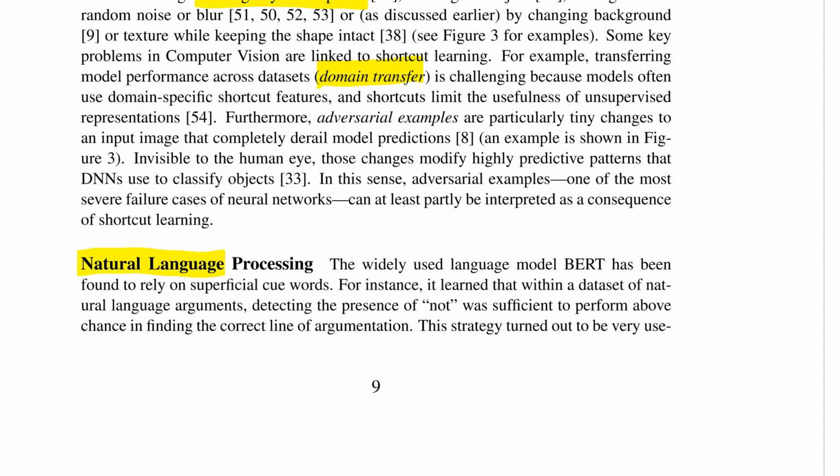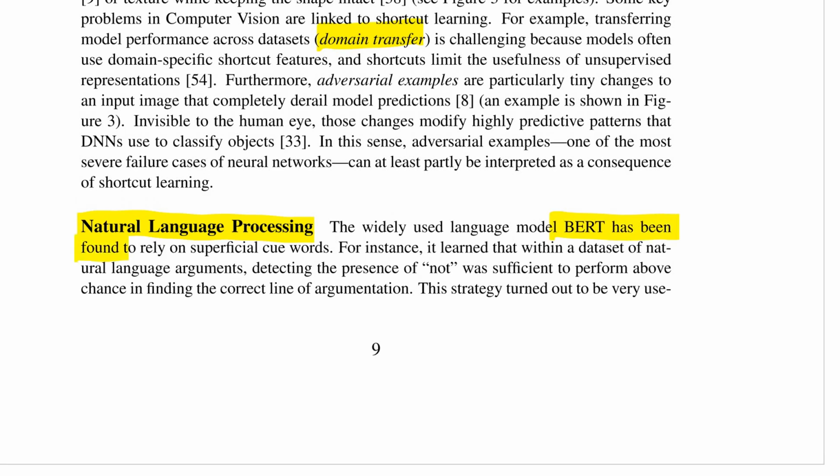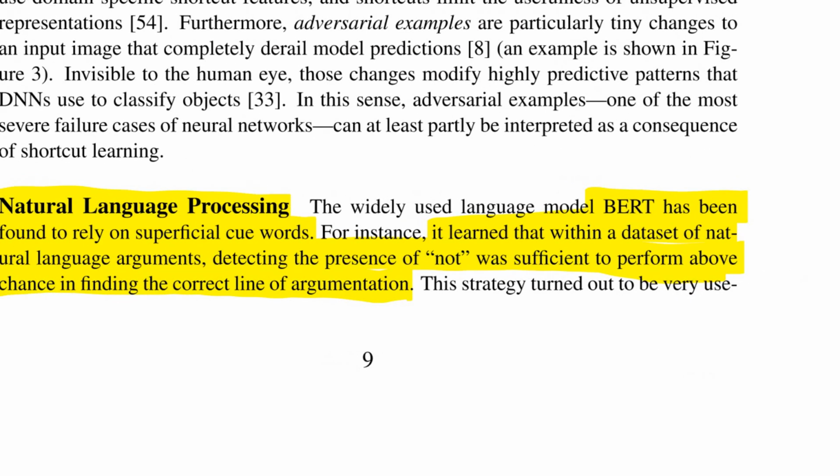They say natural language processing, where BERT has been found to rely on superficial keywords. For instance, it learned within a data set of natural language arguments, detecting the presence of "not" was sufficient to perform above chance in finding the correct line of argumentation. Again, all we can do is construct data sets.